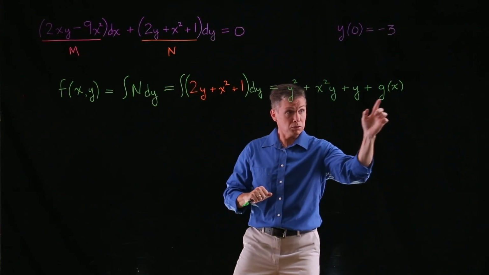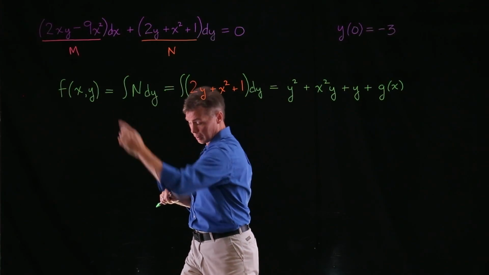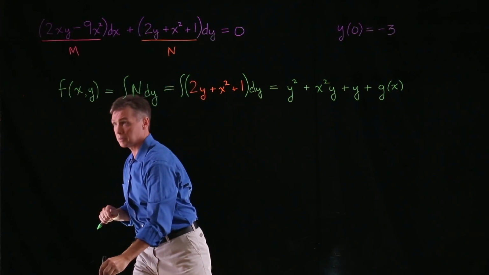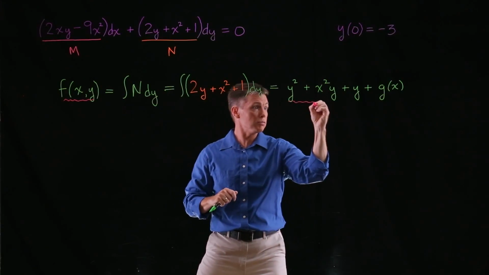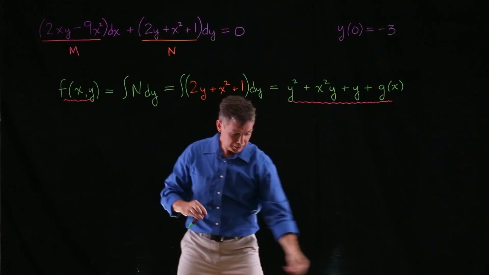Okay, so this expression here is my f of x,y. Just want you to see this. F of x,y is all of this, because I'm going to slip down to the next line here.